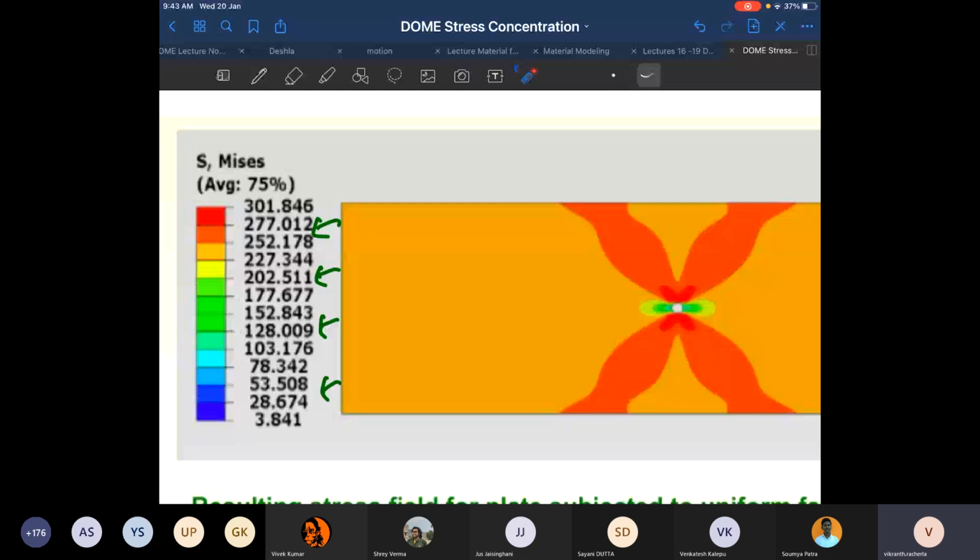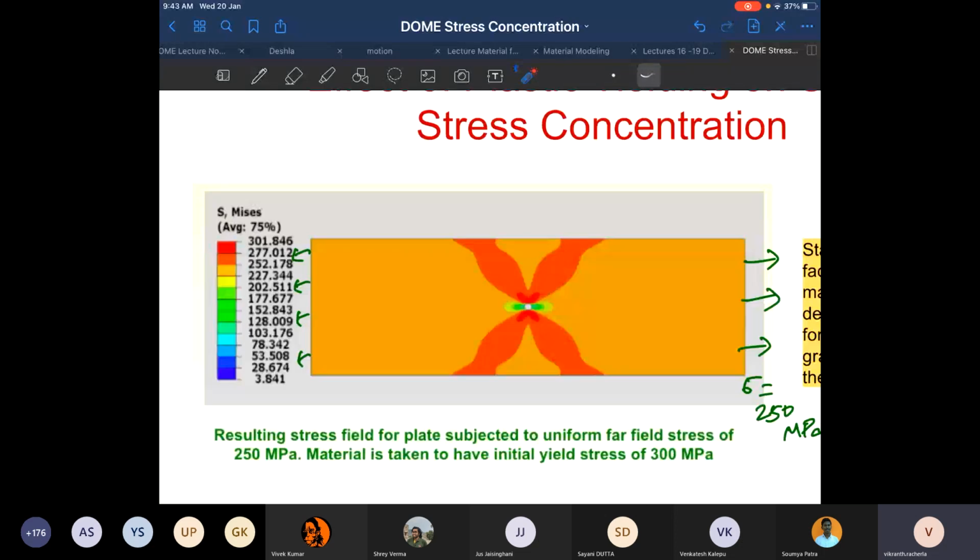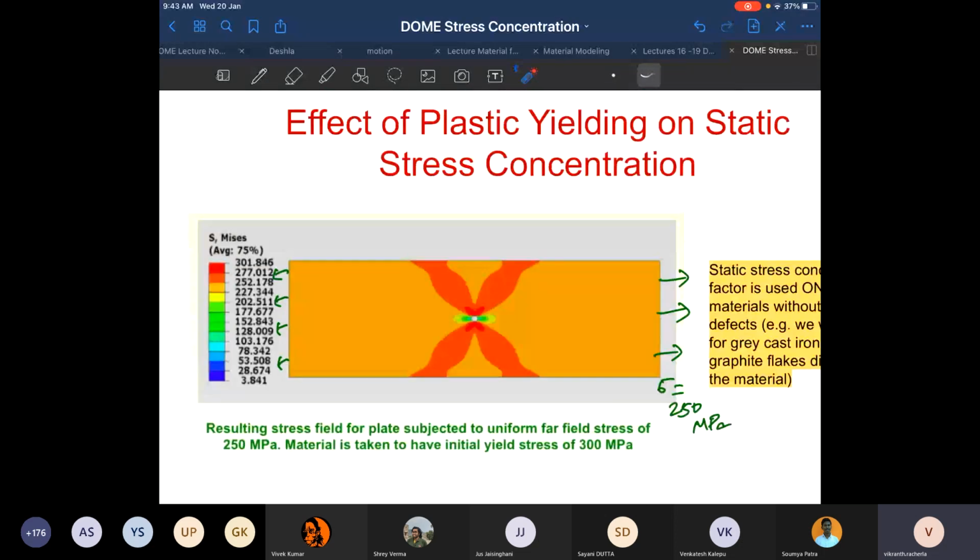It will not go beyond that. So there is no point in trying to determine this maximum stress in a ductile material using the static stress concentration factor, because that factor will be valid only if the behavior is fully linear elastic.